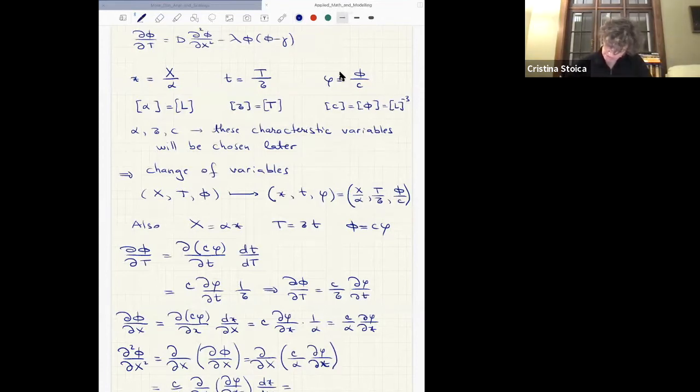So overall, we end up with c over alpha squared d2 phi at d little x2. So we can conclude that d2 phi at d capital X2 is c over alpha squared d2 phi dx2.